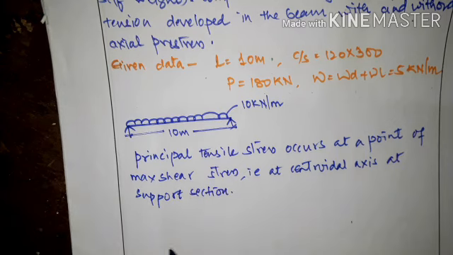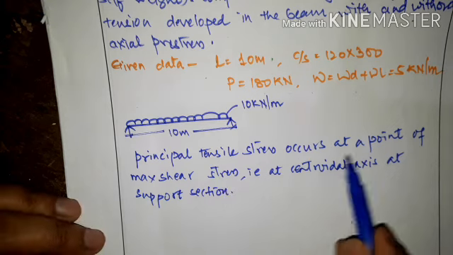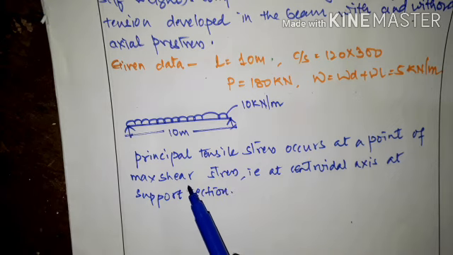The principal tensile stress occurs at a point of maximum shear stress.